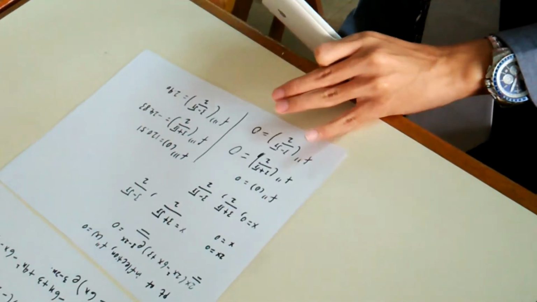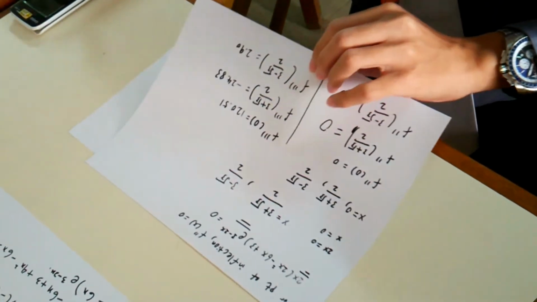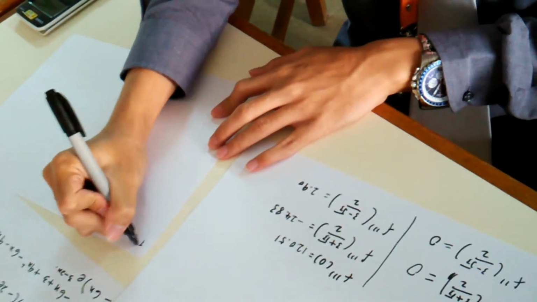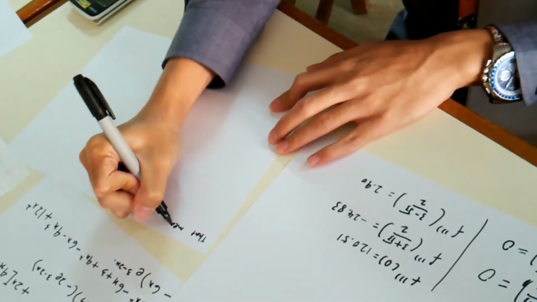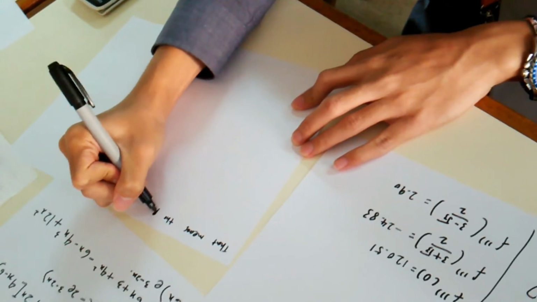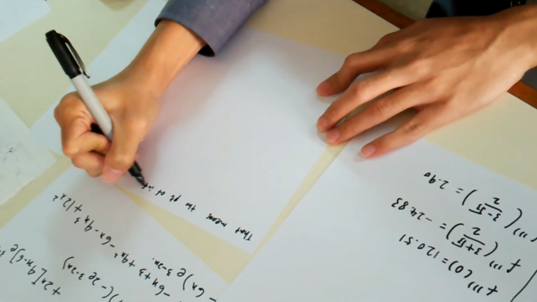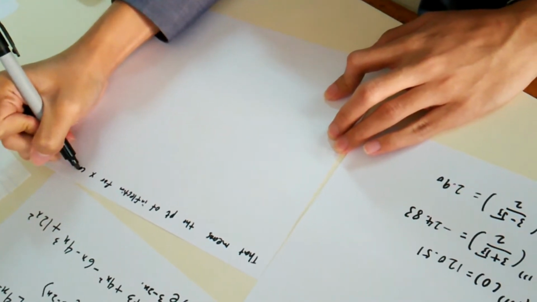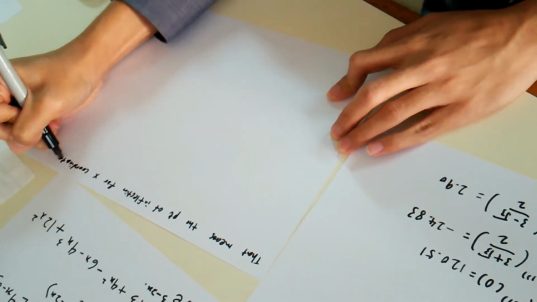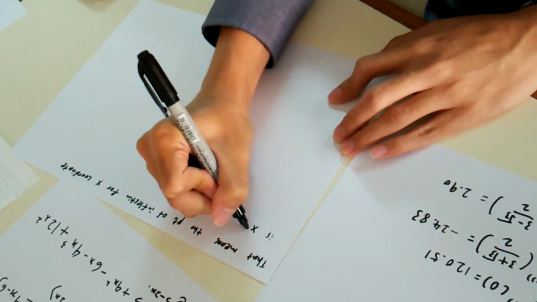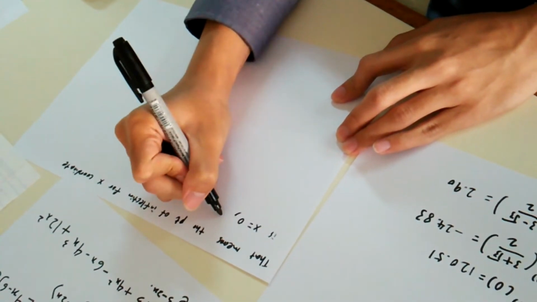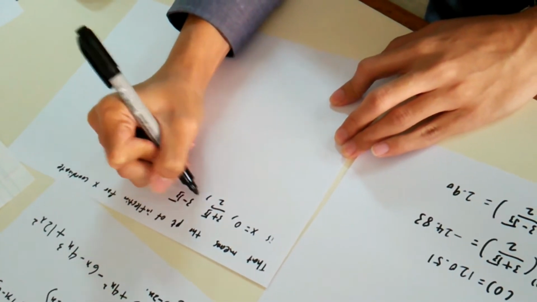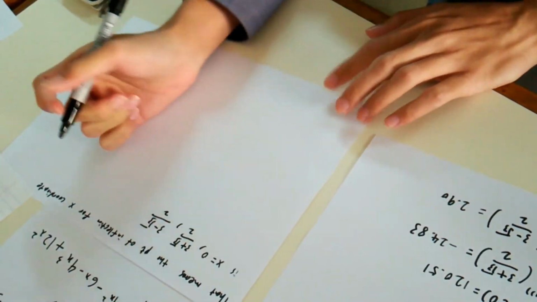Okay, it is 2.90. That means the points of inflection for the x coordinate are x equal to 0, 3 plus square root 3 over 2, and 3 minus square root 3 over 2.